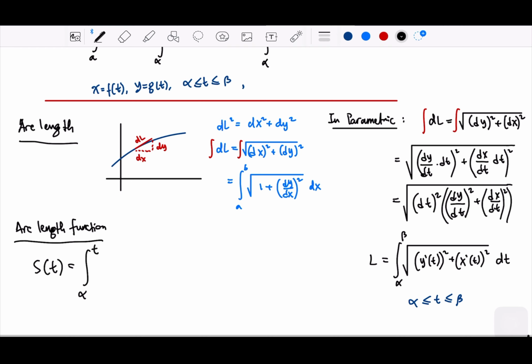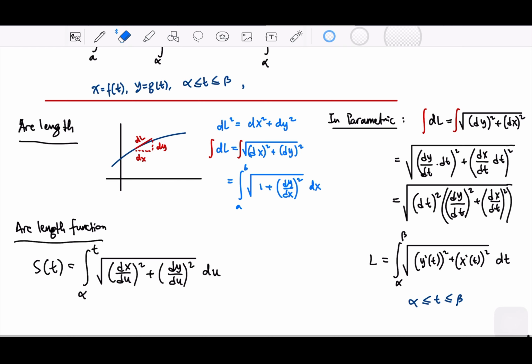So we need to have another variable for the arc length function. So usually we are going to take du. This is basically the same thing, these two. The difference is this is the whole thing here. The whole integration is a function. So this will be another variable that will describe the function itself.